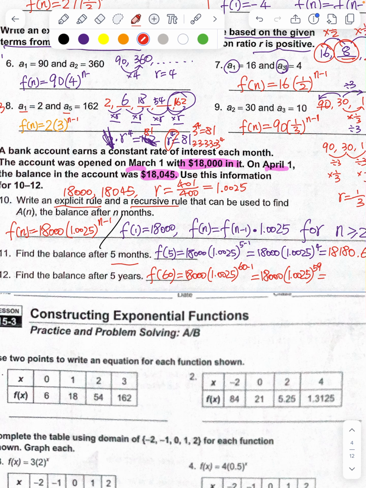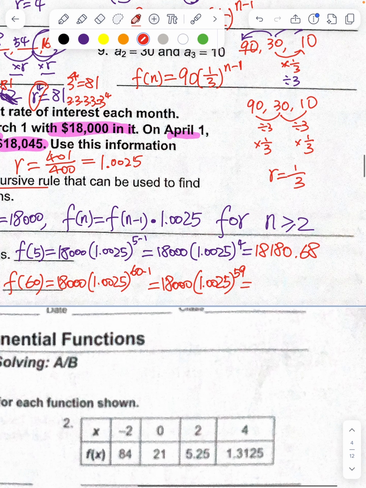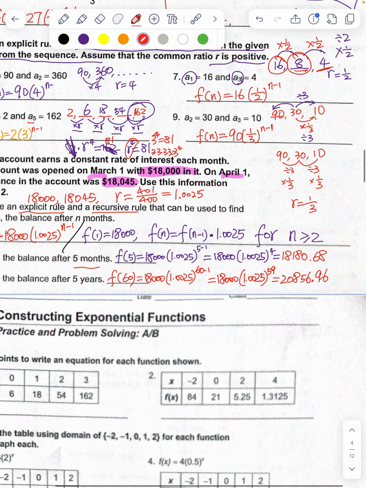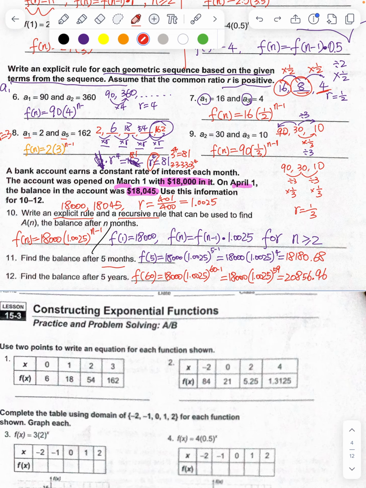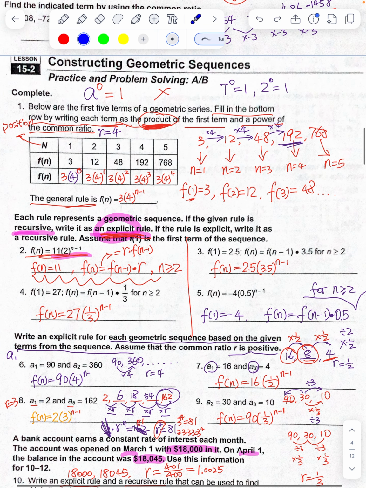This equals the final answer I'm going to write down here. 2856.96. Wow, after 5 years, 18,000 becomes 20,000 something. So that's it for lesson 15.2. I believe this is part 4.